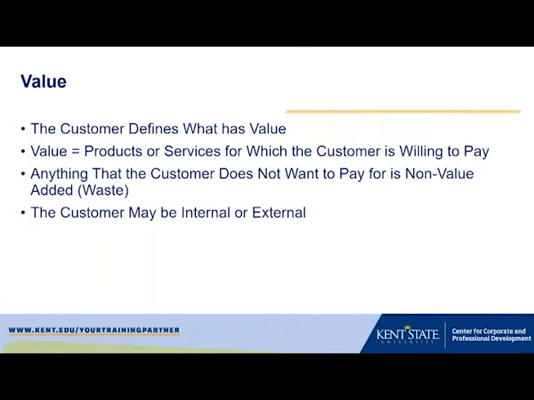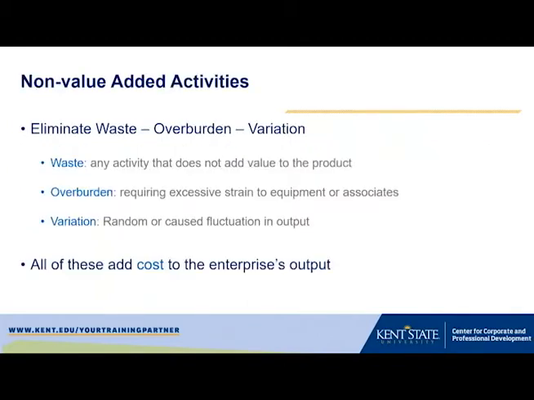So what holds us back from delivering value to the customer, delivering the quality to the customer, servicing the customer immediately? It's all this stuff that's non-value added. It's the wasteful things. And the lean mantra is eliminate waste, overburden, variation. What is waste? It's any activity that doesn't add value, non-value added work. Overburden is really a different form of waste, but it's this idea of strain. It's excessive strain.